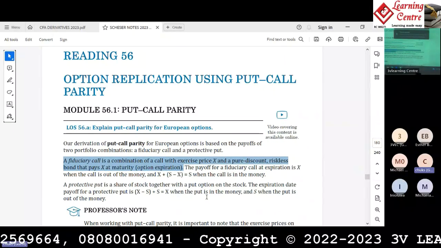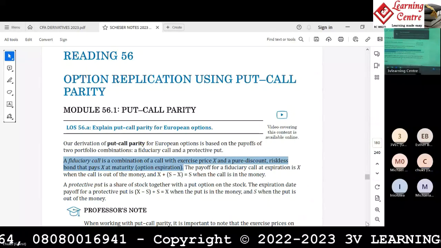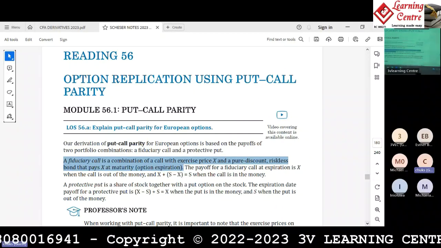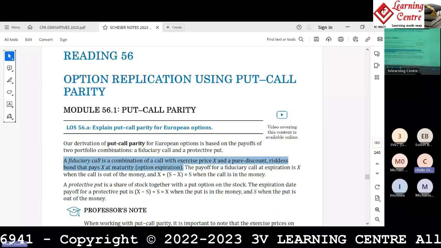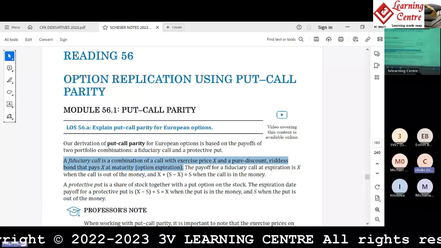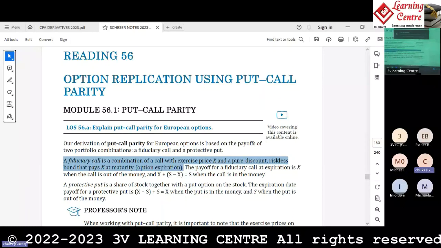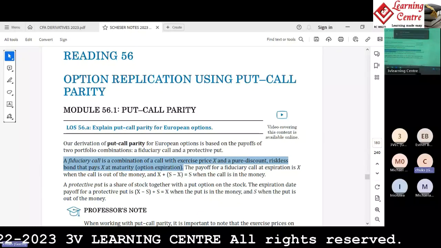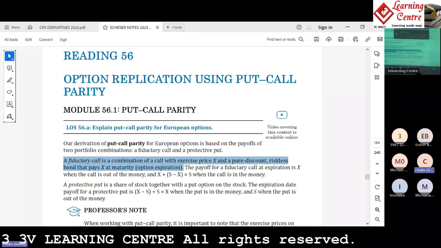So two things from the call, two things from the put. What is key is that I must know that these two things go hand in hand, because they must be equal at the end of the day. That's the idea of the put-call relationship.